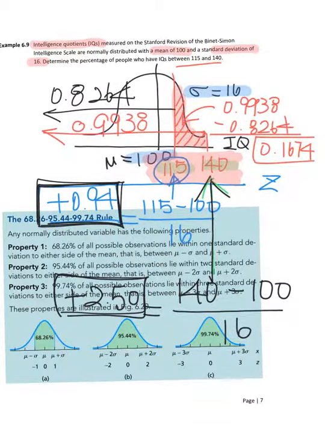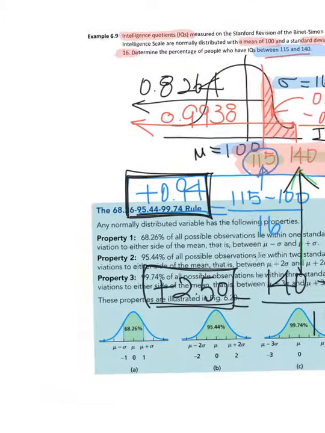The chance IQ is between 115 and 140. What is the percentage? 16.74%. There are 16.74% of people between 115 and 140. It's good, right?